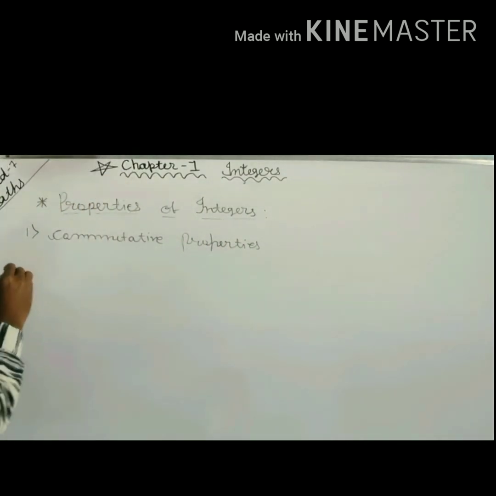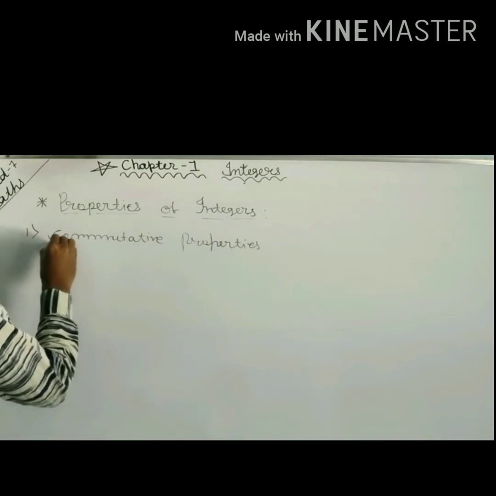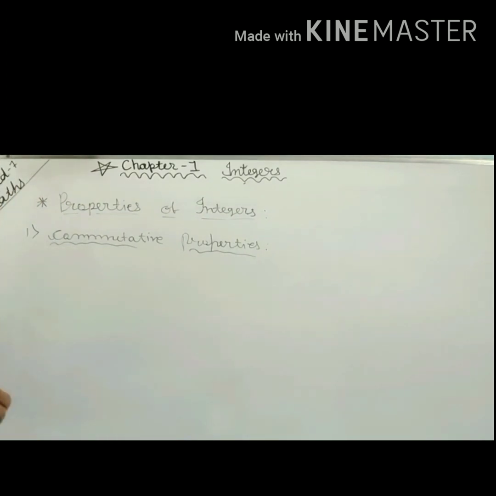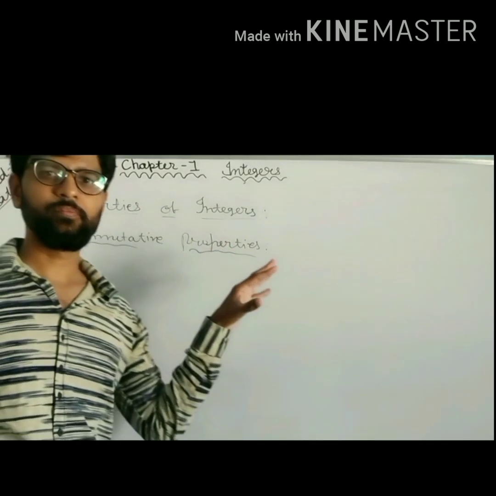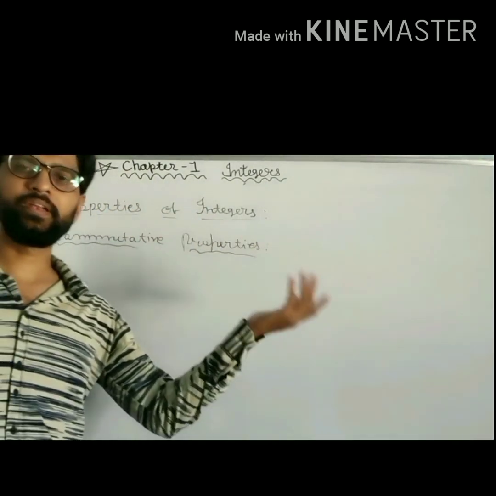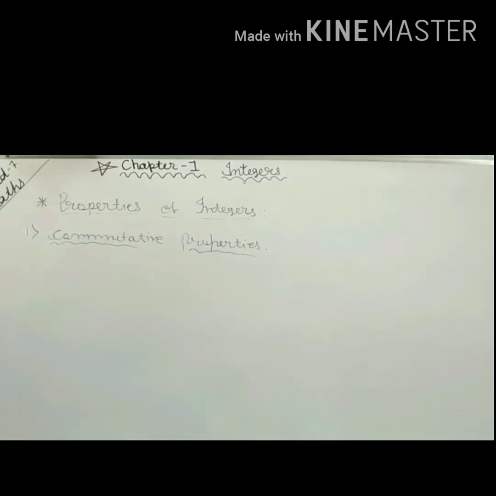What is commutative property? Let's see. Commutative means we can change the order of both the numbers, in addition or in multiplication.